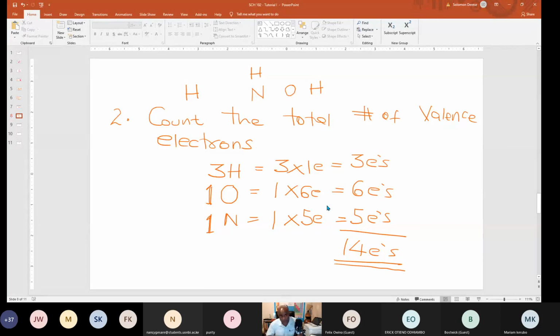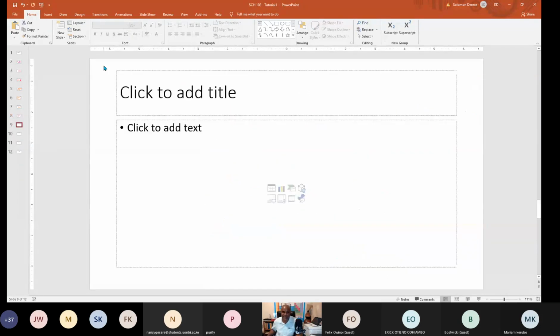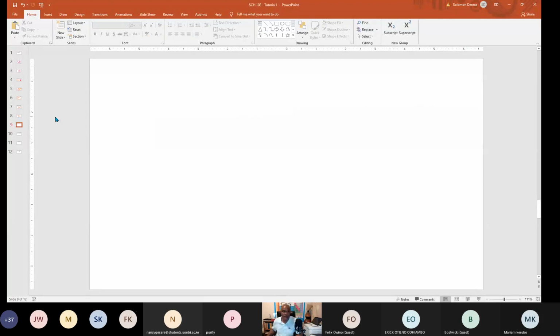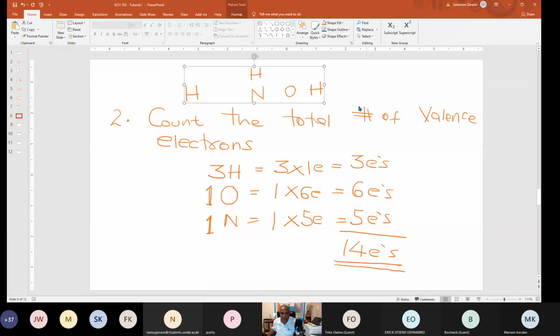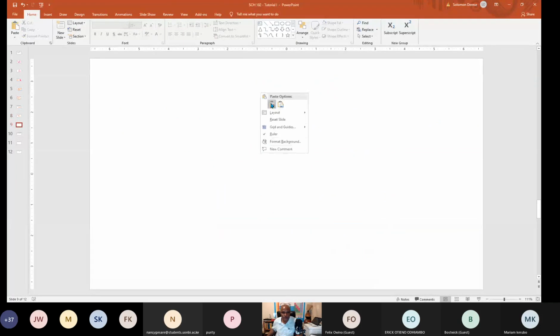When you do so, of course, you will make sure that if they are elements different from hydrogen, they must have an octet of electrons. If it is a hydrogen, it must have a duet of electrons. So let me copy this again. And then we know the total number of valence electrons we have is 14.